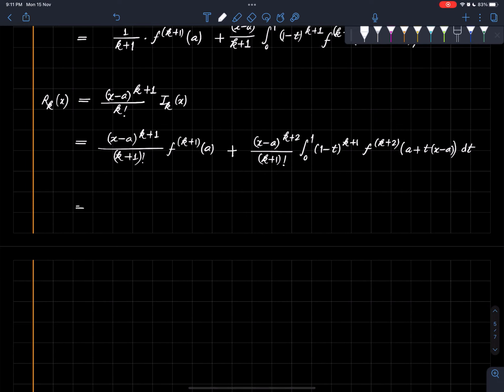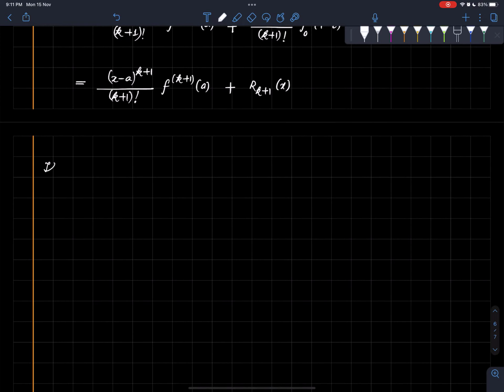So therefore P_k(x) plus R_k(x) is P_k(x) plus (x minus a)^(k+1) upon k plus 1 factorial times f^(k+1)(a) plus R_(k+1)(x).